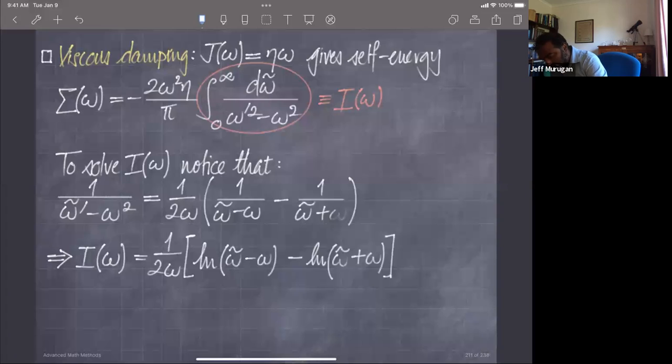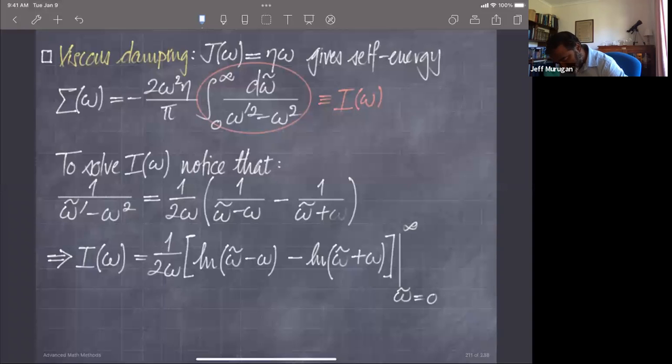And I have to evaluate this between omega tilde equals 0 and infinity. Now, at the upper limit, I have to evaluate the log of infinity minus some fixed amount divided by infinity plus some fixed amount, which, if I've got infinities and I'm taking away fixed amounts or adding fixed amounts, who cares? So this is like log 1, which is 0.